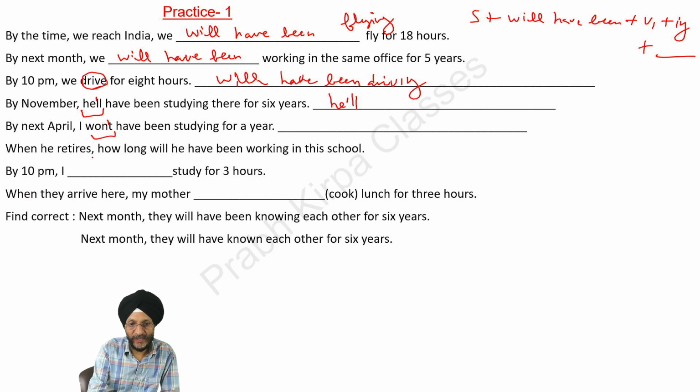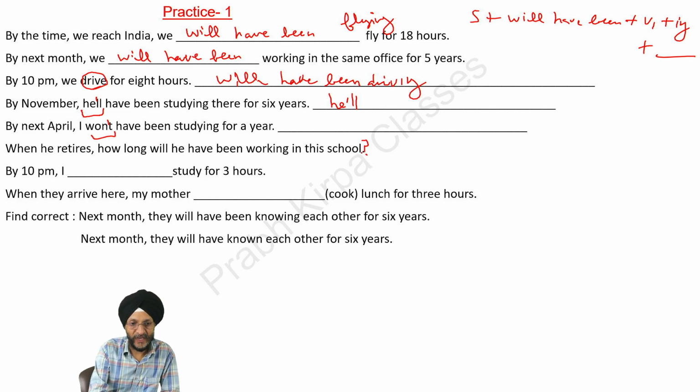Next, when he retires, how long will he have been working in this school? You can see that in the case of interrogative sentences, we only have to add a question mark at the end of the sentence.